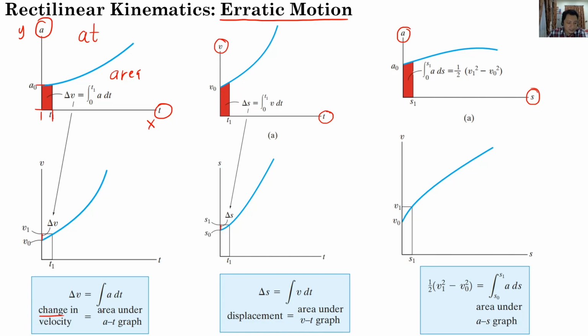The area under the curve for VT gives you displacement. A dt gives you change in velocity. V dt gives you displacement.